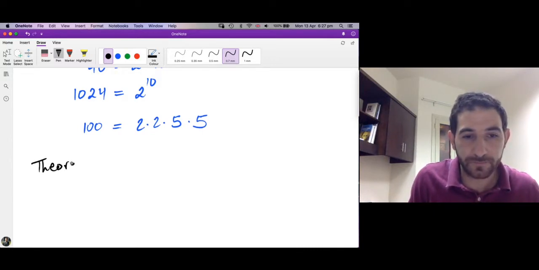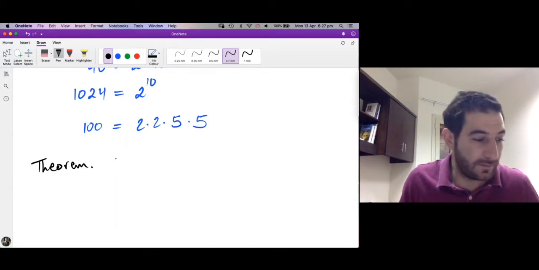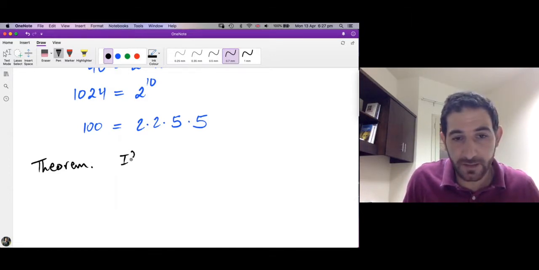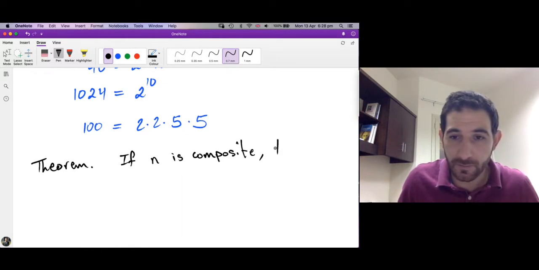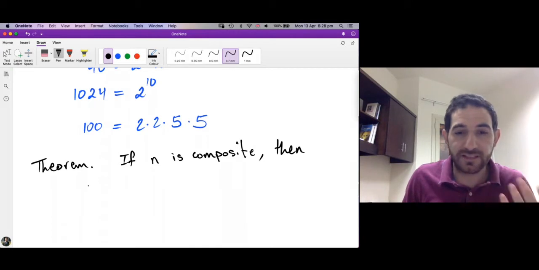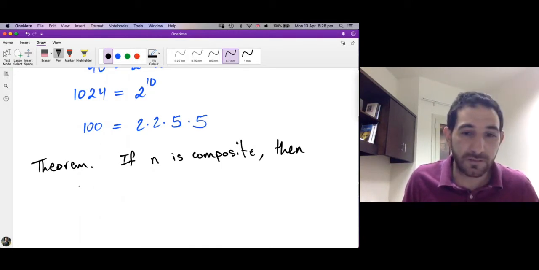So theorem: if n is a composite number, then suppose you know that a number is composite, then we know that it has divisors other than 1 and n itself, but this theorem says more.